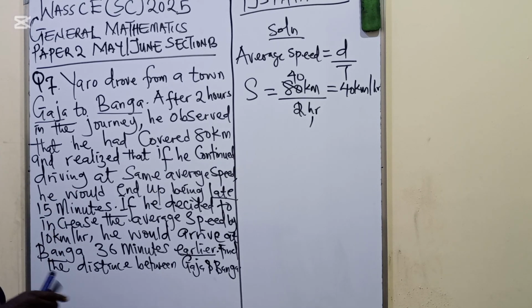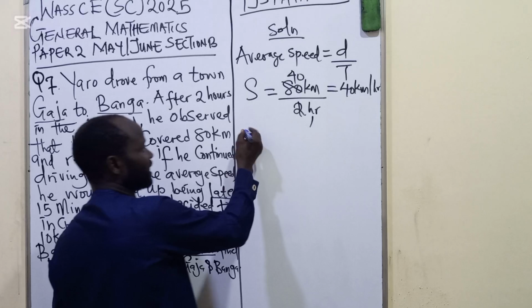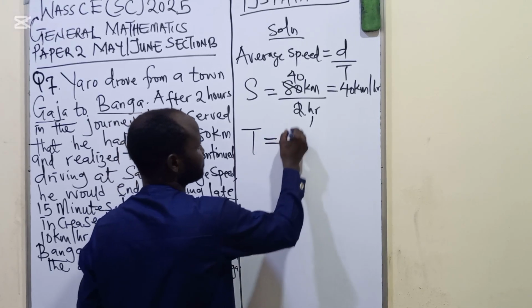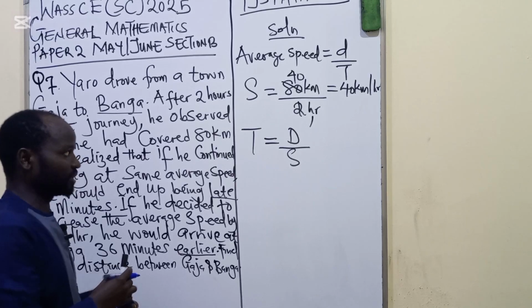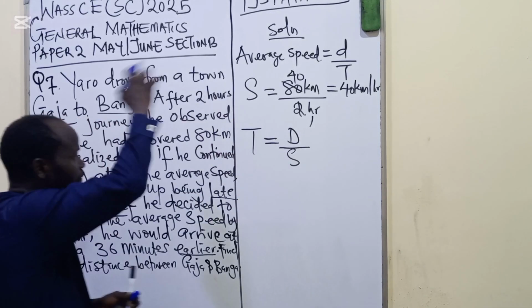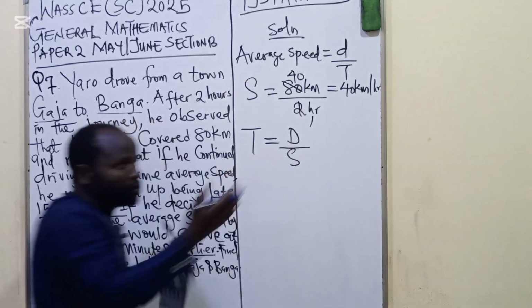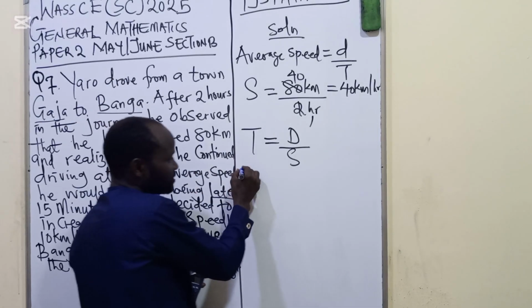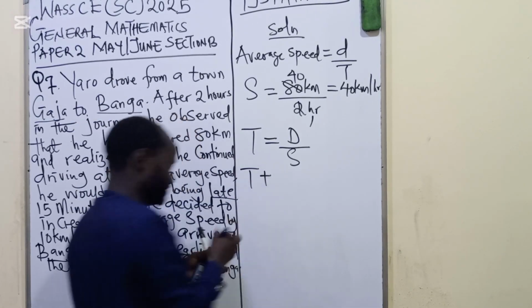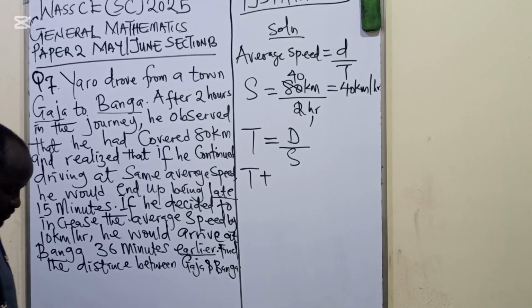Late means you add. And we know that time, t, is nothing but distance divided by speed. Very important. But this time, if you continue at this speed, he will be late 15 minutes, meaning he will need more additional time. So to this time t, we have to add 15 minutes. Convert that 15 minutes to hour.